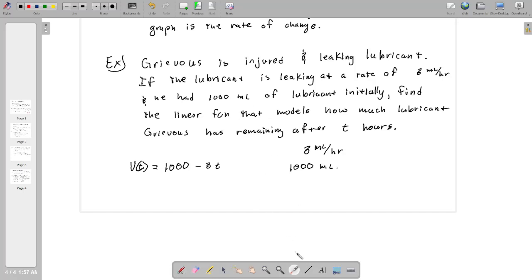If we're looking for the time it will take for there to be no more lubricant, that means that the volume of the lubricant remaining would be 0. So we would have 0 equals 1,000 minus 3t, add the 3t over and divide by 3, and we get t is equal to 1,000 divided by 3. This is how long it would take for him to lose all of the lubricant.